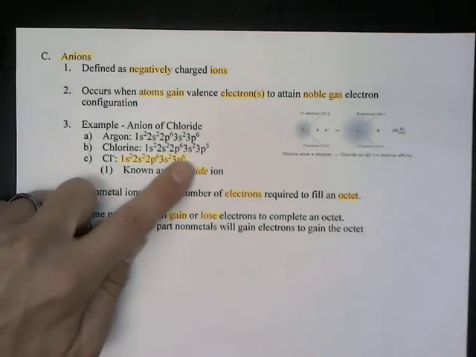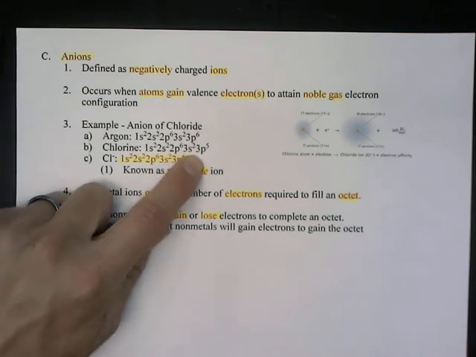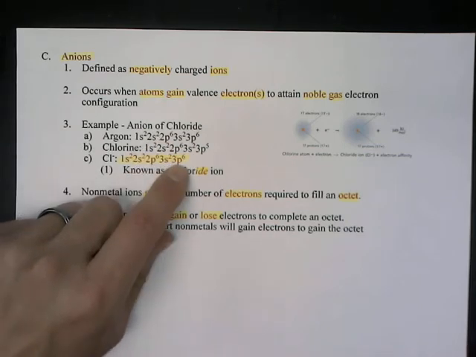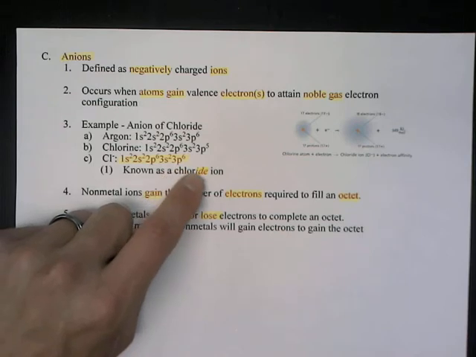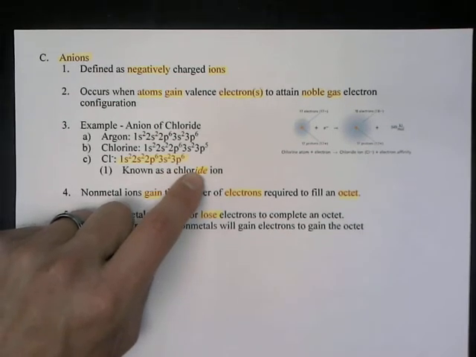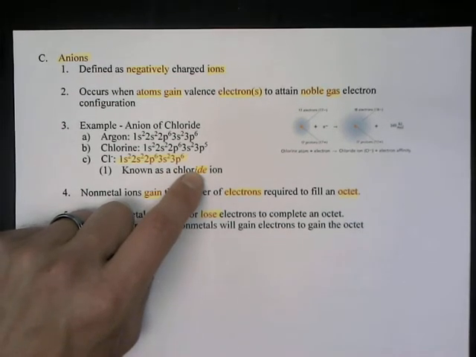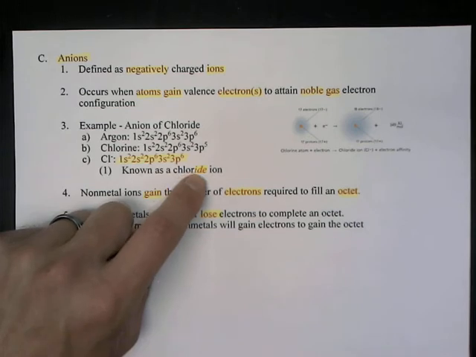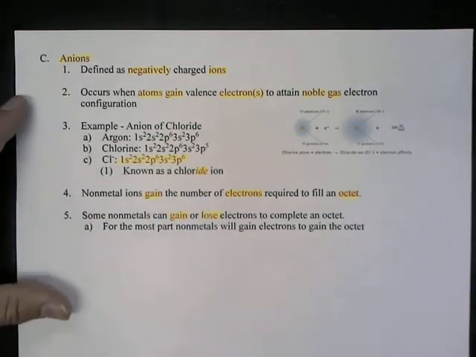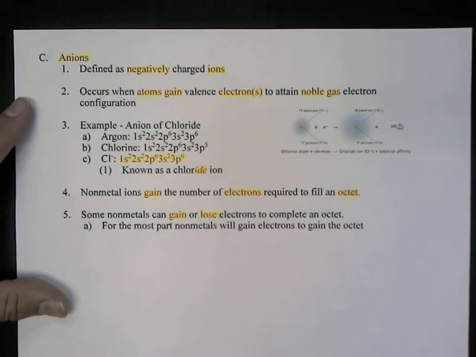And so chlorine has this electron configuration. It's one away from argon, so it gains an extra electron. And also, when it becomes an anion, a negatively charged ion, it's going to get an IDE ending. So instead of having chlorine, we have chloride.